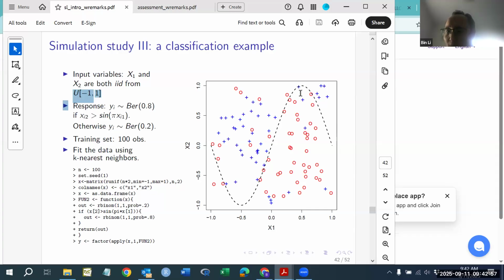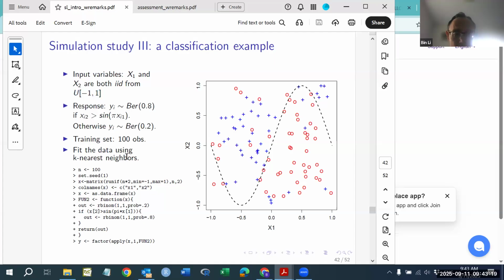Similarly, the probability of getting the red circle below the sign function is 0.8, but the probability of getting the blue cross below the sign function is 0.2. Okay, so that's the underlying truth.